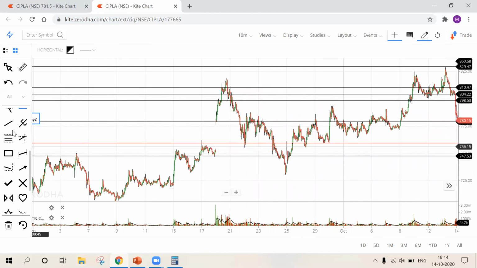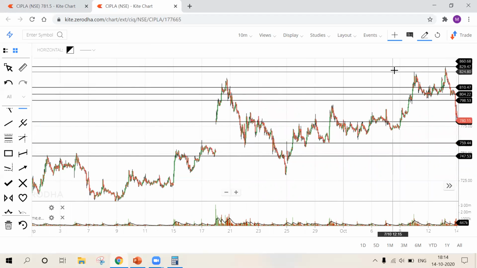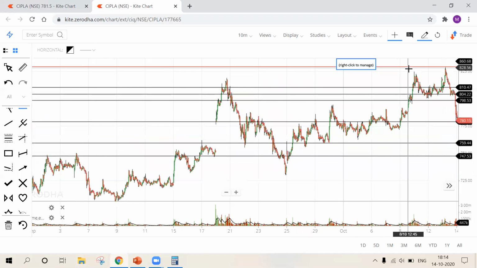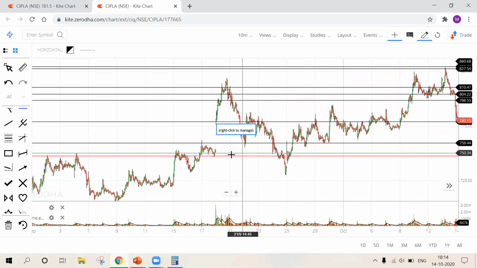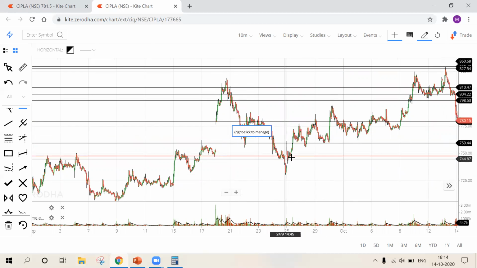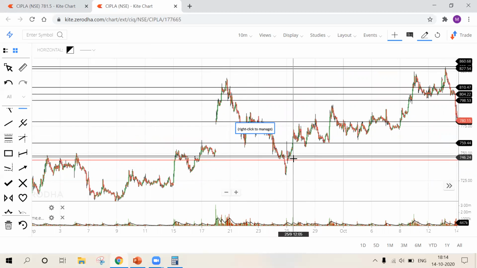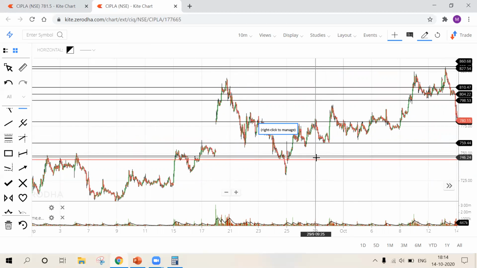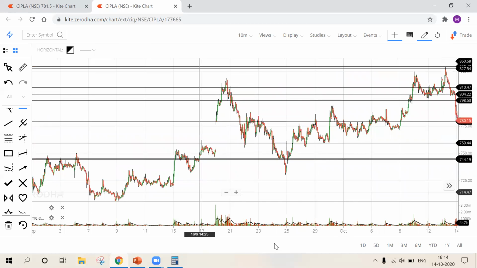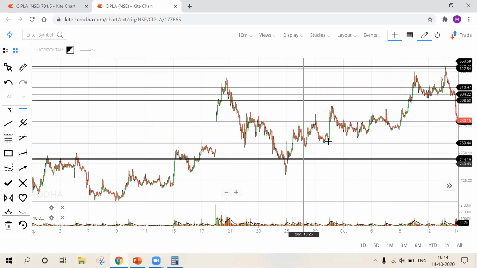Now I'm gonna draw support and resistances here. See, this looks like a good level, acting as a resistance. And look at this level down, it also looks great. This level also looks great. This level also looking great.